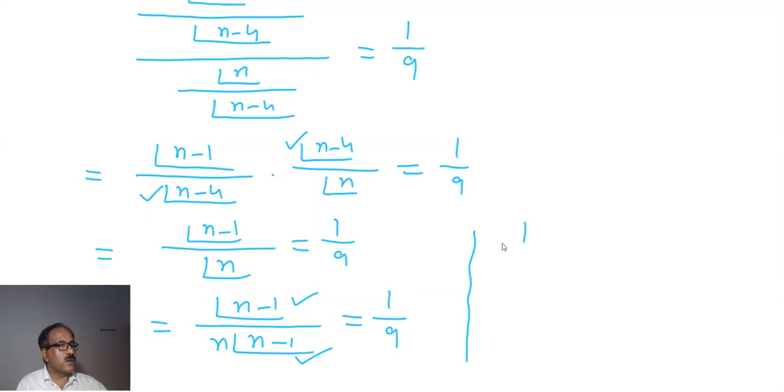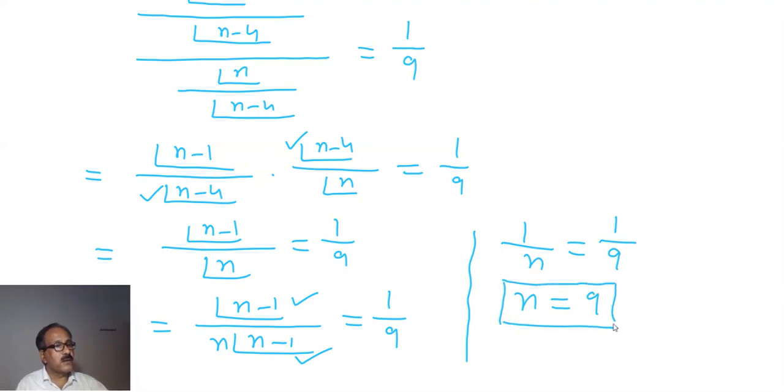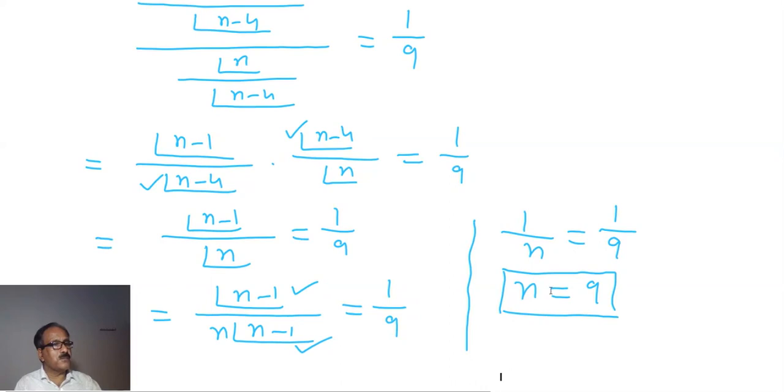Then you have 1 upon n is equal to 1 upon 9. Do the cross product, that is n is equal to 9. This is the way to find out the value of n when ratios are given in the form of permutation.